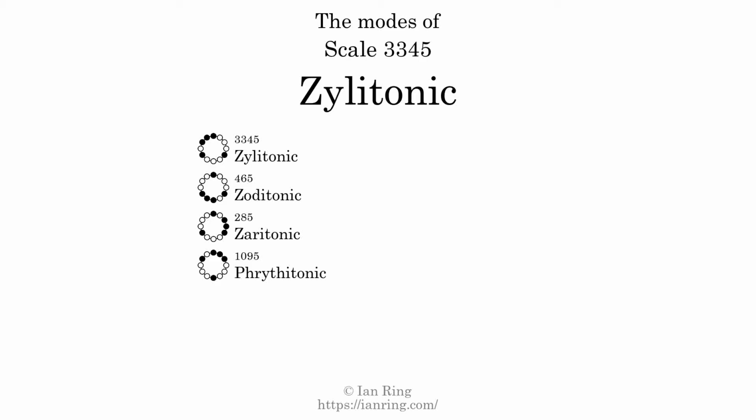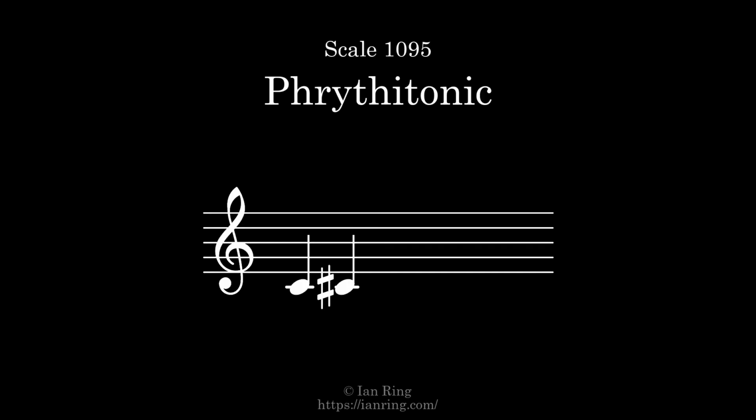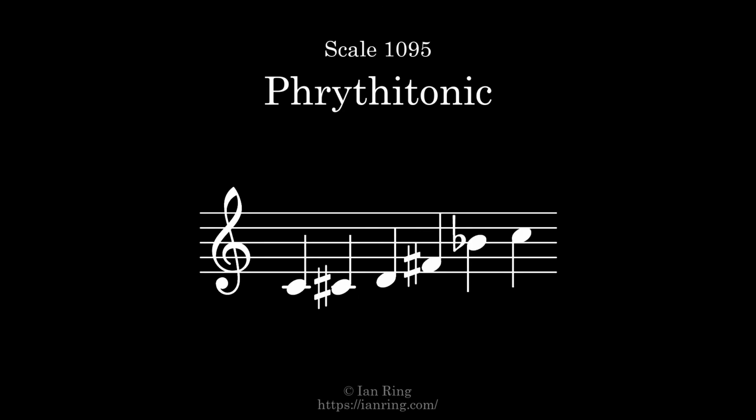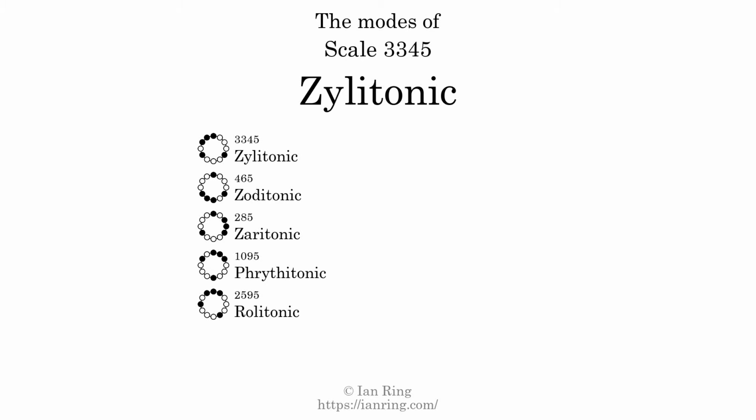The fourth mode is scale 1095, also known as frithatonic. It sounds like this. The fifth and last mode is scale 2595, also known as rotational. It sounds like this.